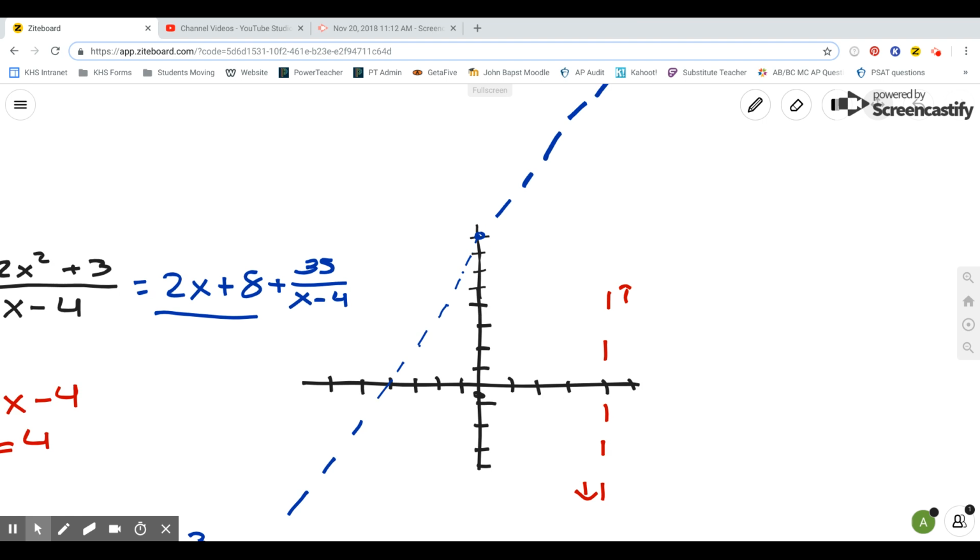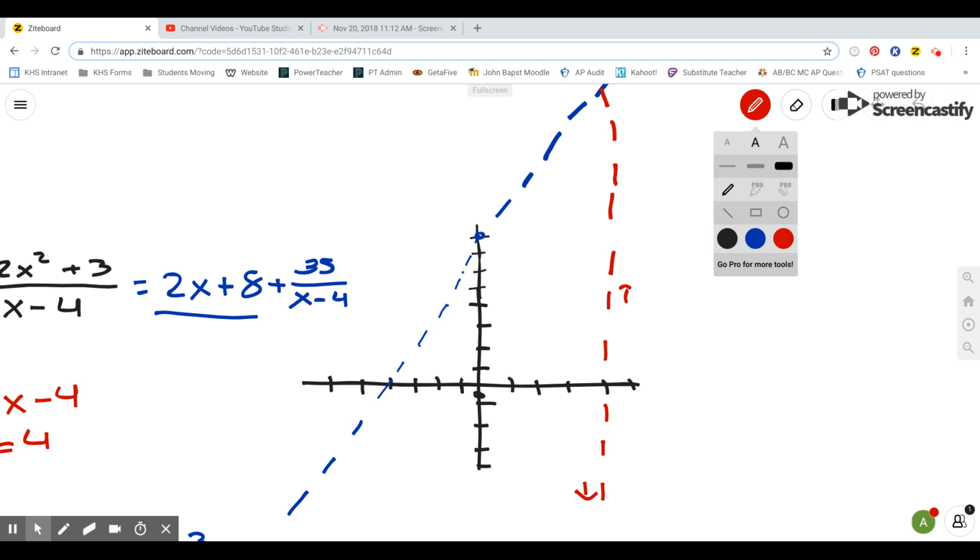Let's see if we can do this. So I'm going to bring up that vertical asymptote to match my slant asymptote, all the way up here. Just so I can keep everything straight. I cannot cross the x-axis at all, since I have no x-intercepts. I know I have to follow this slant asymptote and the vertical asymptote.